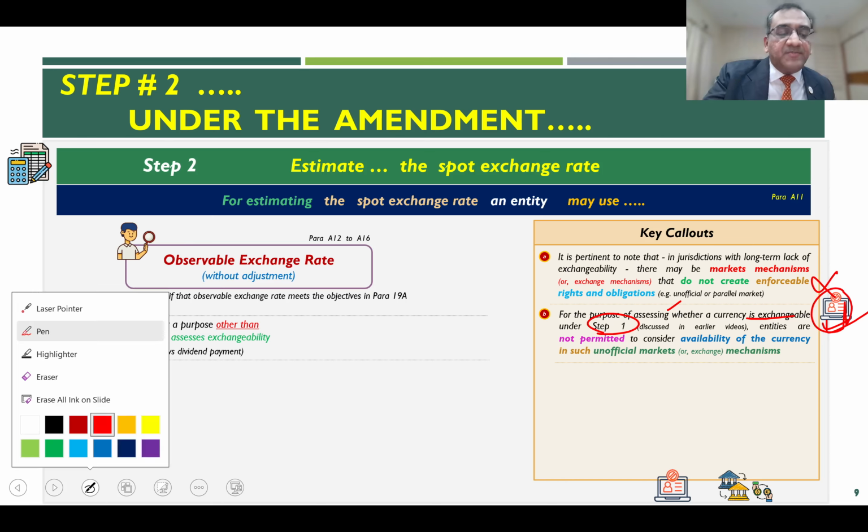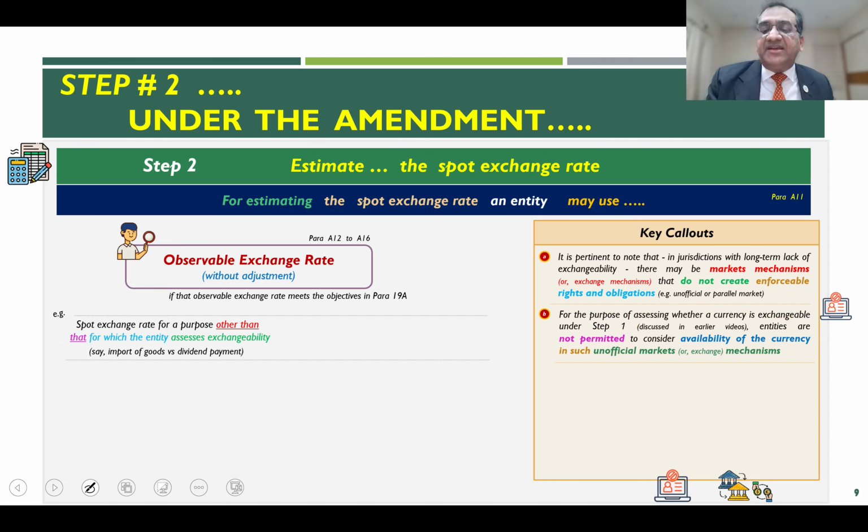However, entities were not permitted to use these, but for the purpose of applying this particular approach, you may use the rate which is available in this unofficial market, with a caveat that you have to adjust it. Why would you make an adjustment?